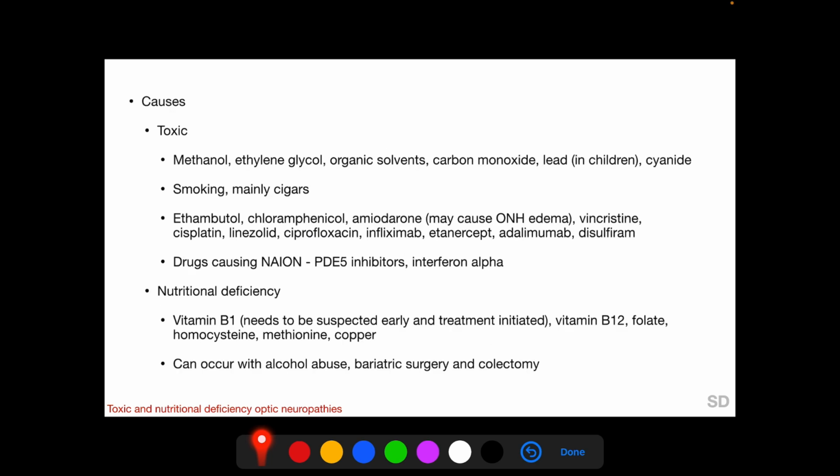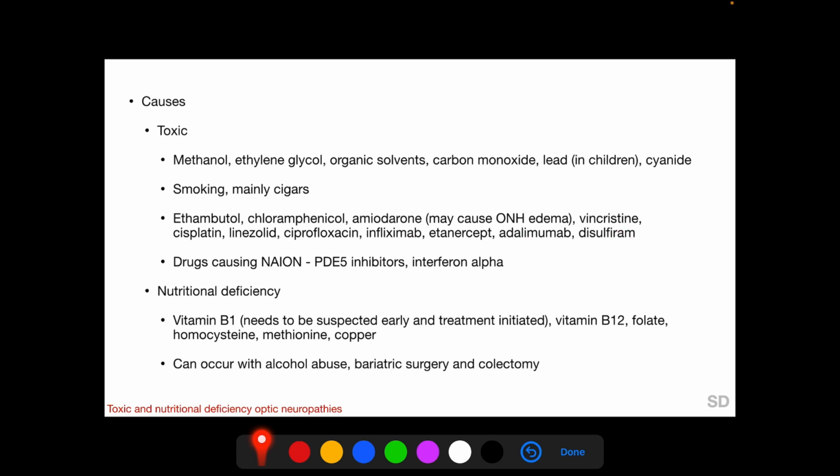So there are a large number of agents which may cause toxic or nutritional deficiency optic neuropathy, and going through them quickly, toxicity can be caused by methanol, ethylene glycol, organic solvents, carbon monoxide, lead, particularly in children, cyanide, smoking, mainly cigarettes, ethambutol, very important, chloramphenicol, important, amiodarone, which may cause ONH edema and appear like non-arteritic AION, vincristine, cisplatin, linezolid, ciprofloxacin, infliximab, etanercept, adalimumab, and disulfiram.